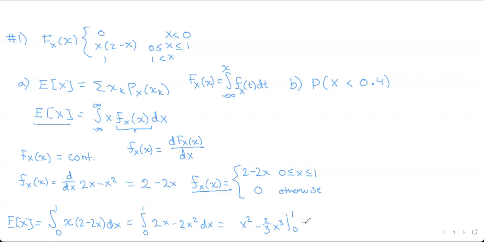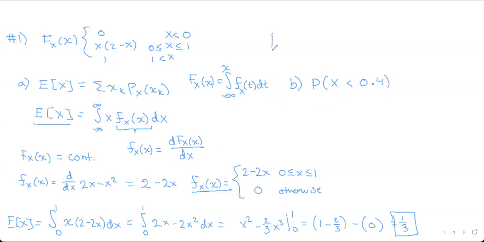Okay? So when we evaluate at 1, we have 1 minus 2/3. And if we evaluate at 0, it'll just be 0. So 1 minus 2/3 is 1/3. So this is our answer for part A.